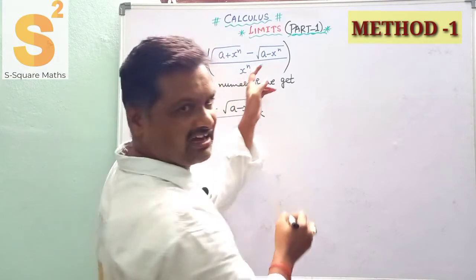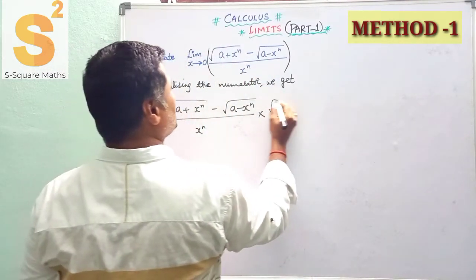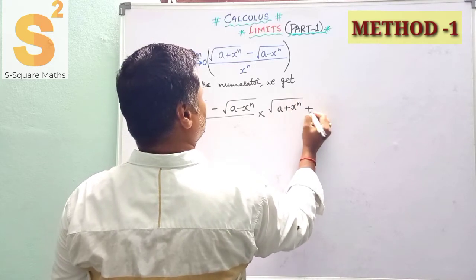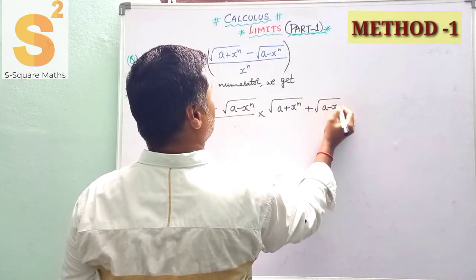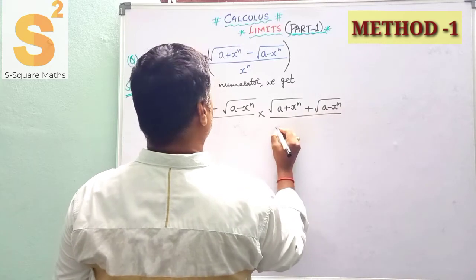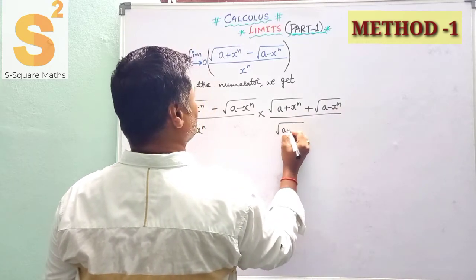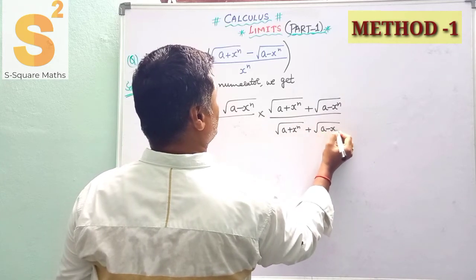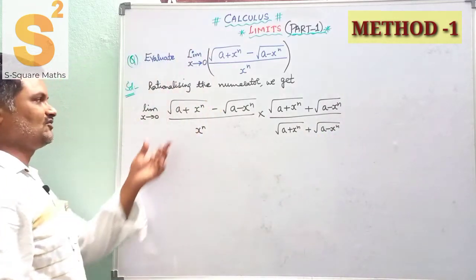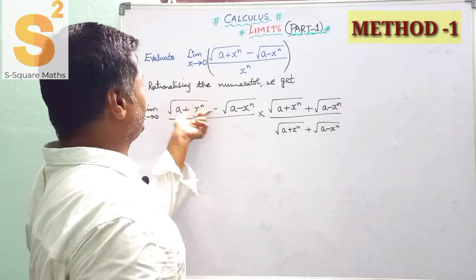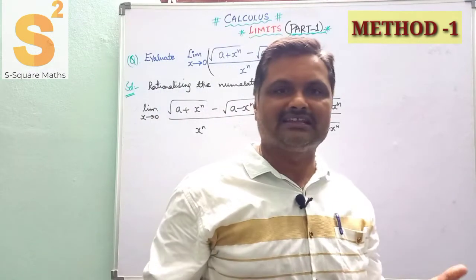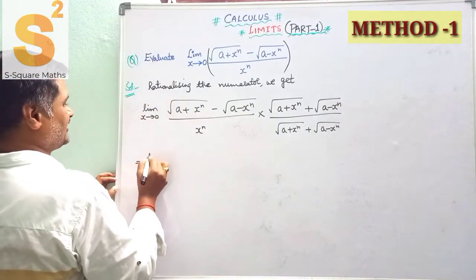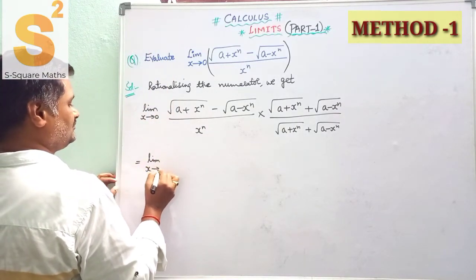Its RF is nothing but root of (a plus x power n) plus root of (a minus x power n) by root of (a plus x power n) plus root of (a minus x power n). The numerator takes the form of (m minus n) into (m plus n), nothing but m square minus n square, the algebraic identity.